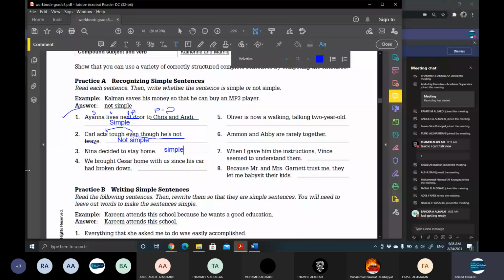Malki, you can type in the chat. Number 4: We brought Caesar home with us since his car had broken down. Malki, type whether it's simple or not simple. Quickly, only 3 minutes to go.